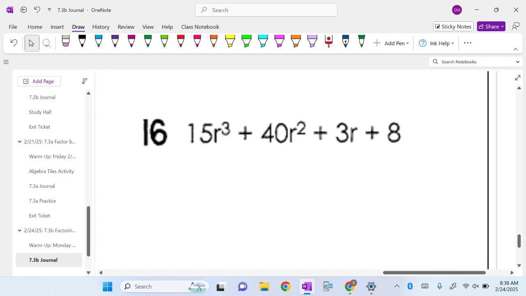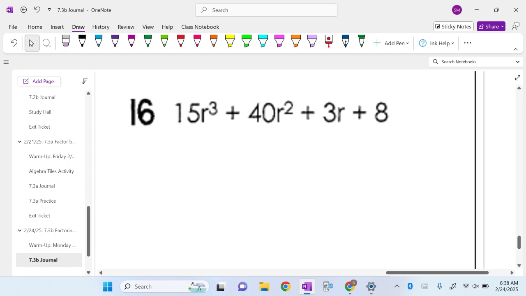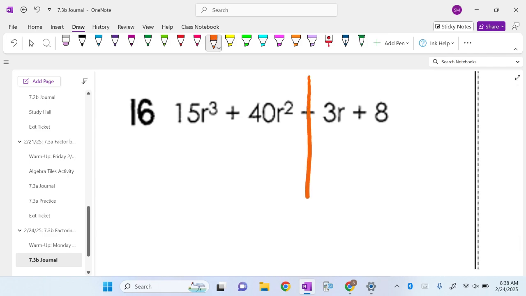Let's look at number 16 together. All right. So with number 16, we first group our terms together. So I'm going to draw the line down between the second and third term.